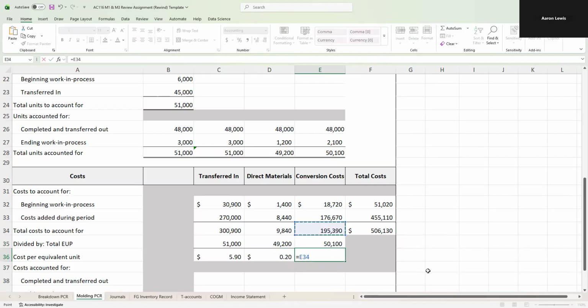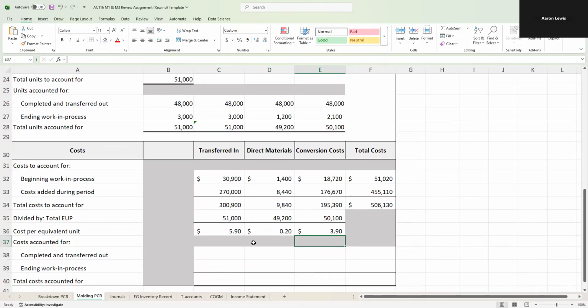And for conversion costs, $195,390 divided by the 50,100 total equivalent units of production for conversion costs means that each bin that we convert from a pile of recycled plastic into a finished sellable bin costs us $3.90 in conversion cost to mold. Now that we've got a rate basis, we can just assign it out. For completed and transferred out, we transferred out 48,000 bins.